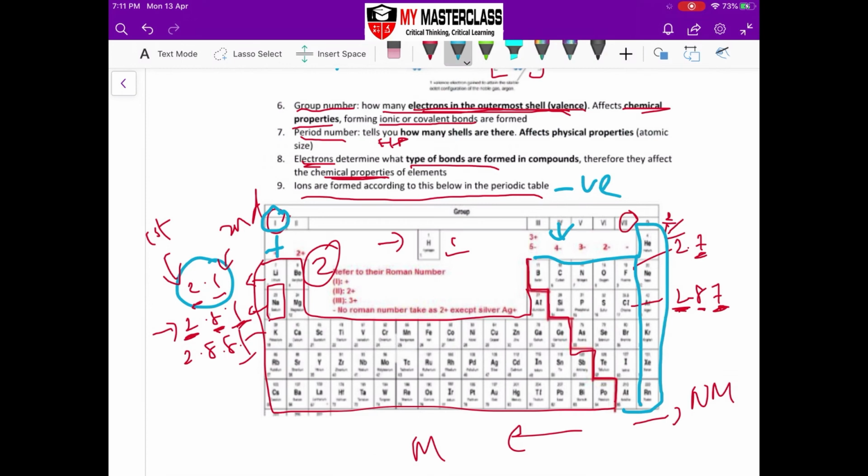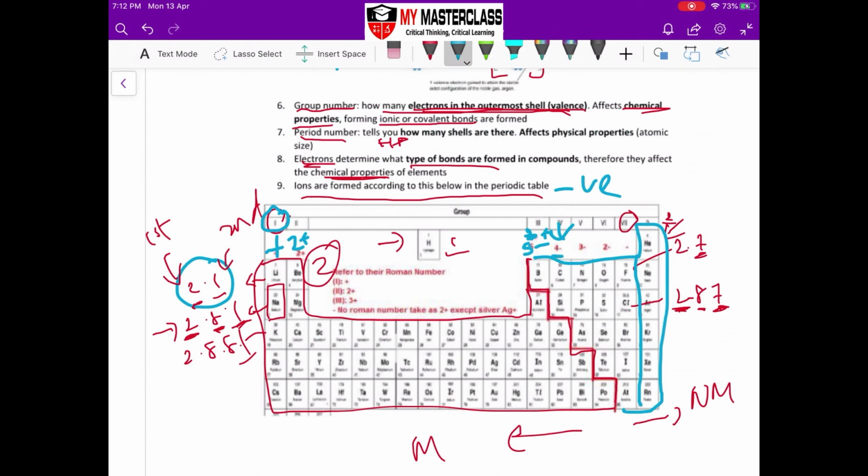Group 2, they have two outer electrons, they will all lose 2, so they form 2 plus. Group 3, if they are metals, they will form 3 plus because they will lose. But boron being a non-metal will gain 5 instead of losing 3, so it will form 5 minus. Carbon, silicon being non-metals, they will gain electrons, they form 4 minus.